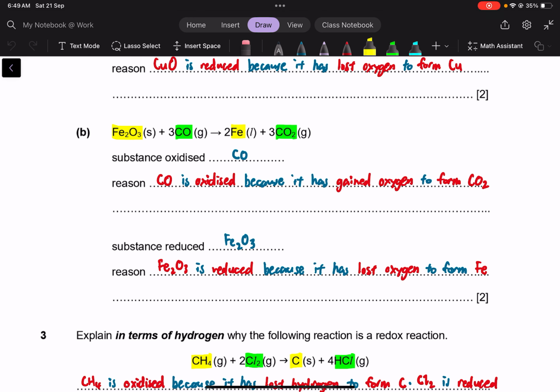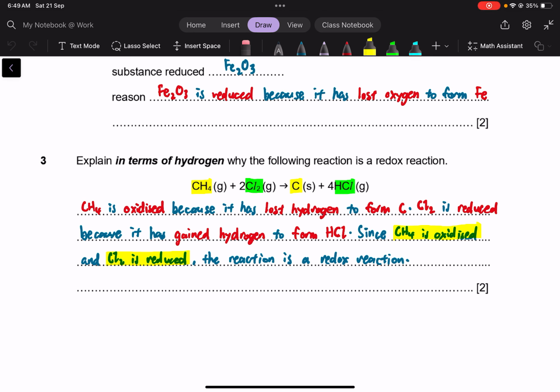Next, for the reaction between iron 3 oxide and carbon monoxide, the substance that was oxidized was carbon monoxide to form carbon dioxide gas because it has gained oxygen atoms. And iron 3 oxide is reduced because it has lost oxygen to form iron.